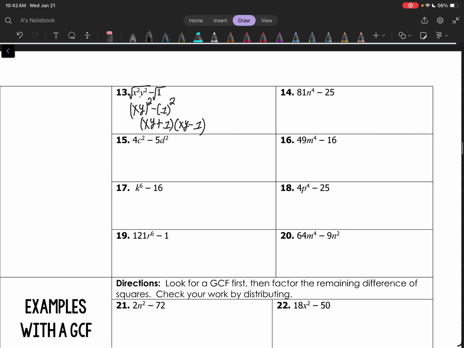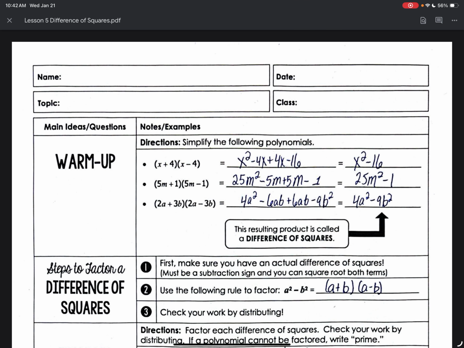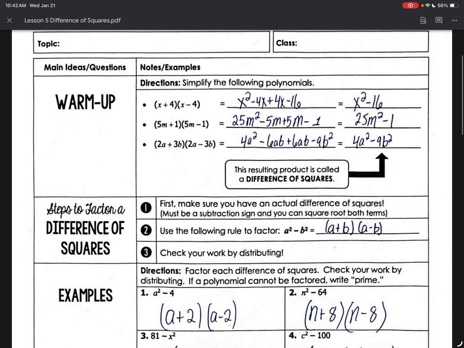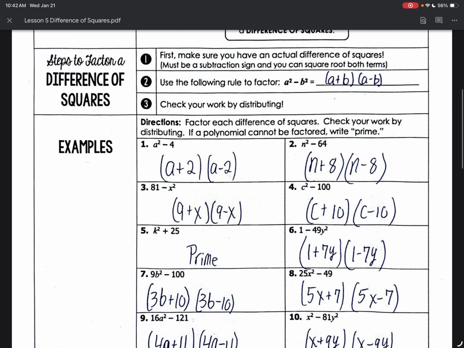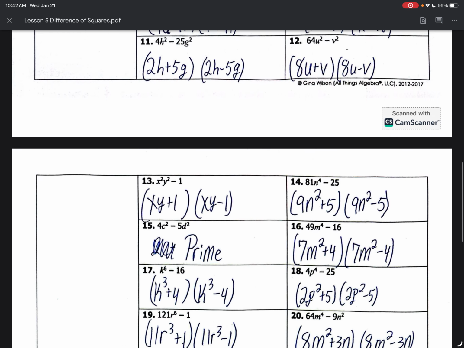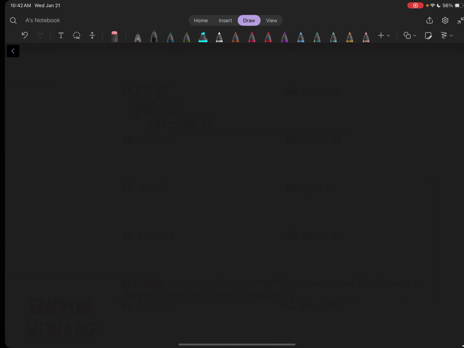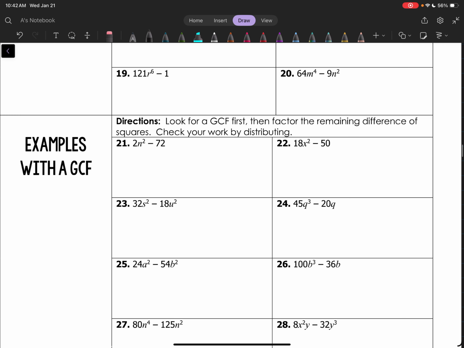Pause it again and try 13 through 20. Now let's go ahead and check our work for those. There's 1 through 12. 13 through 20.